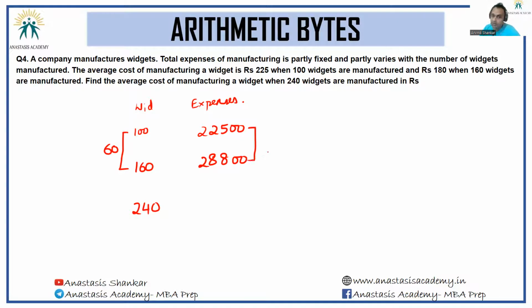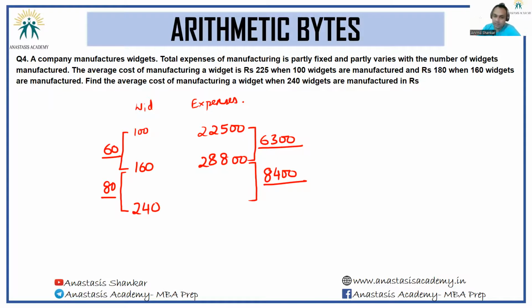Total expenses have gone up by 6,300. If the total widgets have gone up by 80, the total expenses should also go up by 8,400. Basically, the ratio that you have here should be the ratio that gets maintained here, because the increase is only on account of the variable expenses.